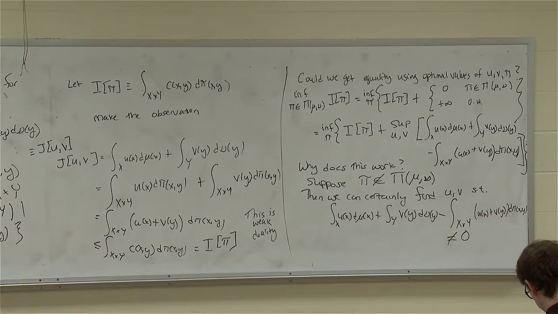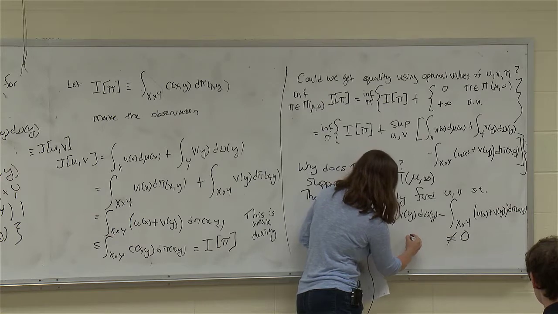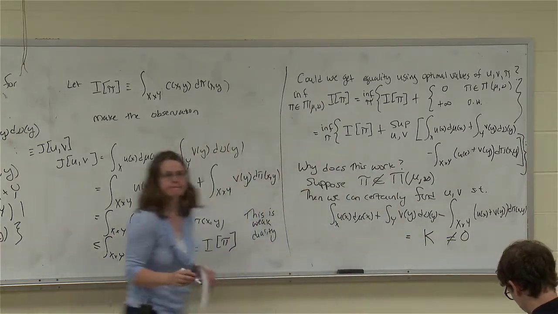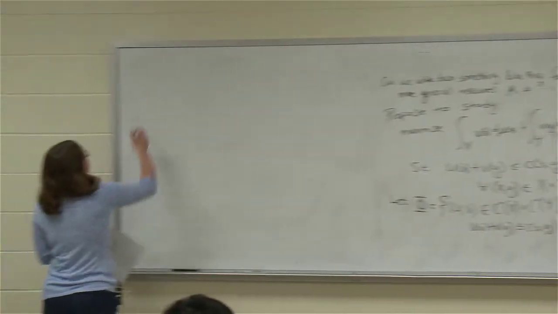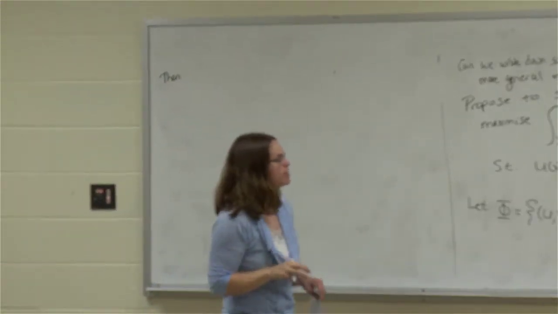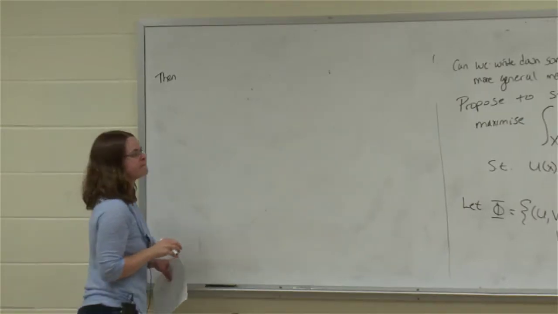And in fact, instead of saying not equal to 0, I'll put something in between here. This is equal to some value k, which is not equal to 0. And then I can say, well then, let's just put in plus or minus m times u, plus or minus m times v, and use linearity.